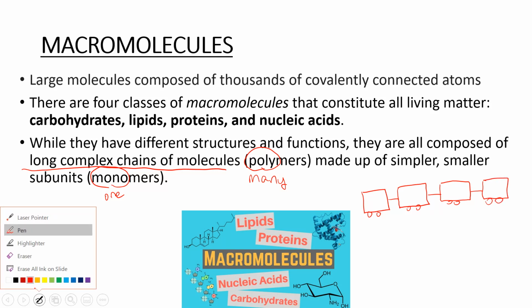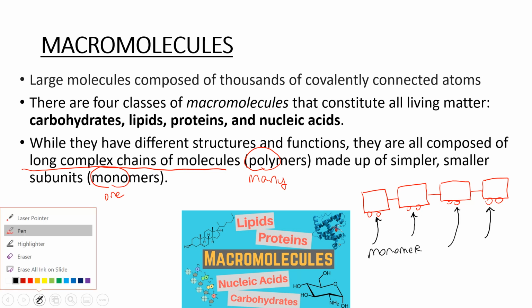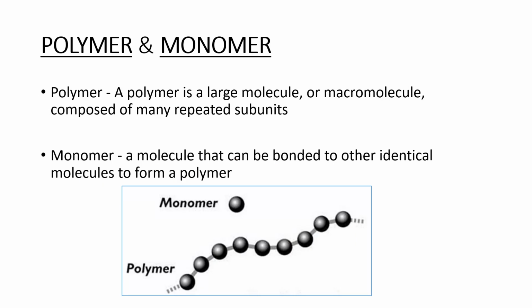And each car would be the monomer. But the entire train would be the polymer because it's made of all of the little monomers joined together. So that's kind of the same way that we're going to be making these macromolecules. They're going to be made of a monomer that's joined together to make this polymer.